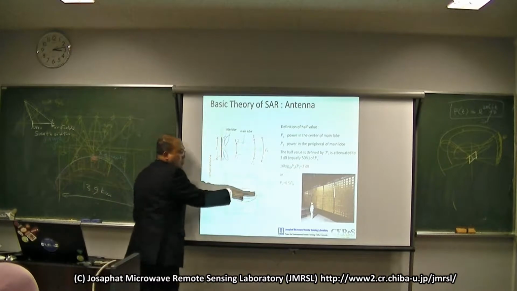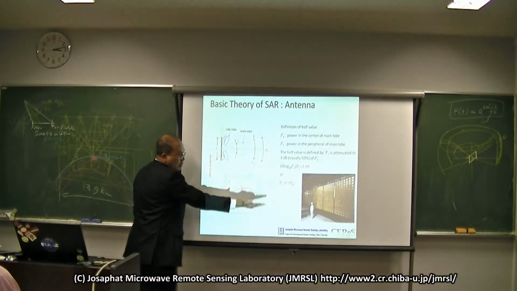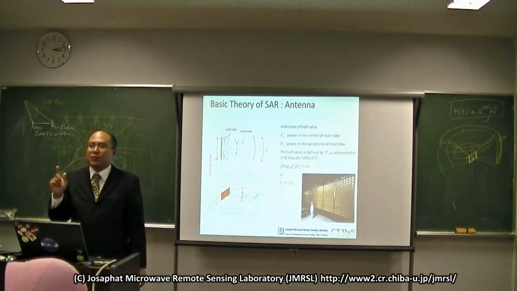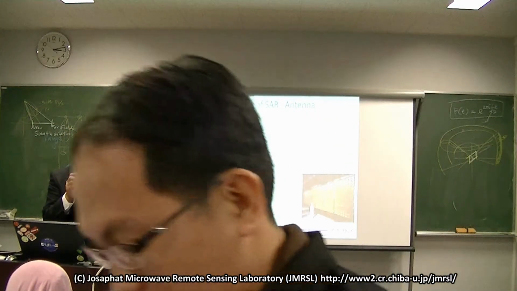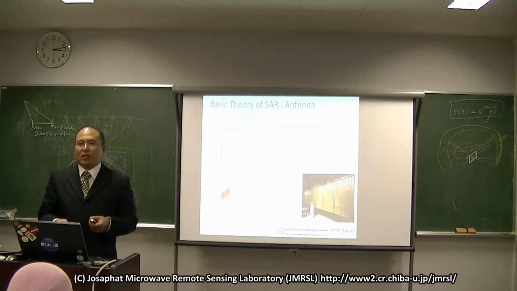This beamwidth is 14 kilometers, and in the range direction it is 75 kilometers. So you can find on the JERS-1 spec brochure that the swath width is 75 kilometers.